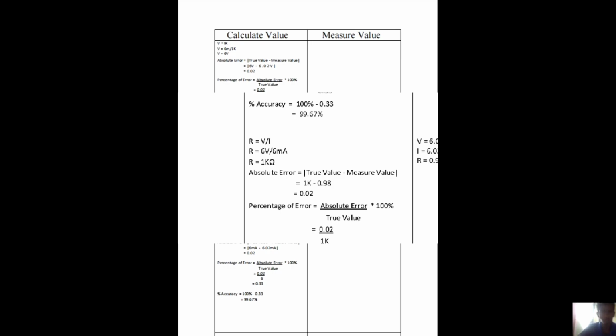The same steps continue for the resistance and current also. For resistance we get 1 kilo ohm, and for current we get 6 milliampere.